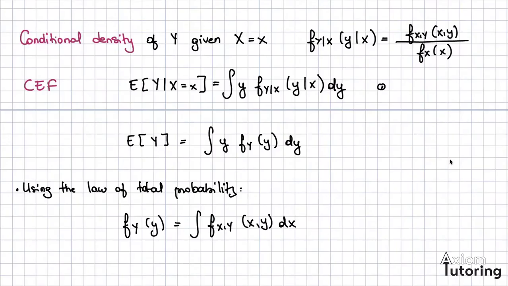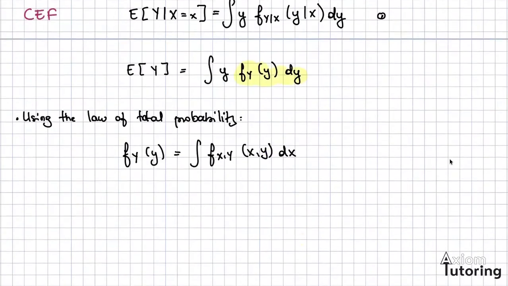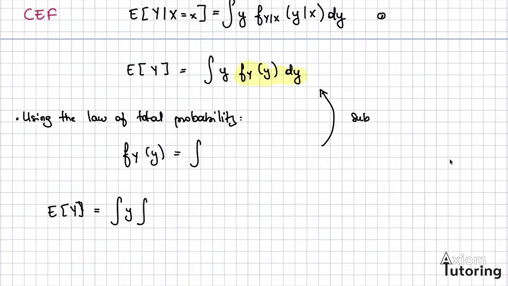Now, if we substitute this into this expression right here, then our expectation of y is going to be equal to the integral of y times the integral of this expression right here.